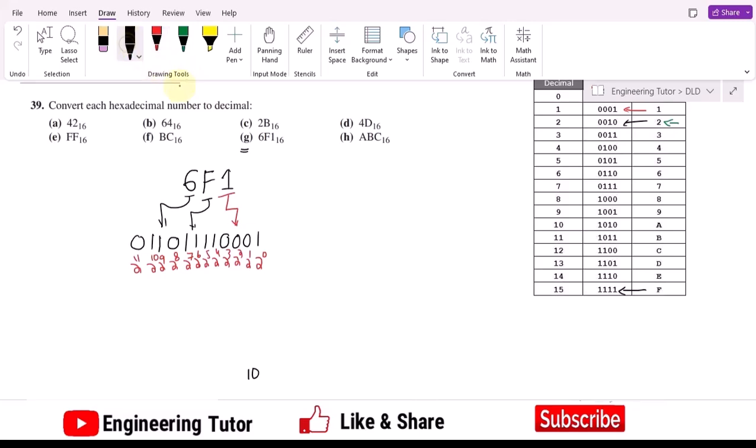All the positions which are multiplied with 1 give weights: 2 raised to power 0, then 2 raised to power 4, 2 raised to power 5, 2 raised to power 6, 2 raised to power 7, and then 2 raised to power 9 and 2 raised to power 10.